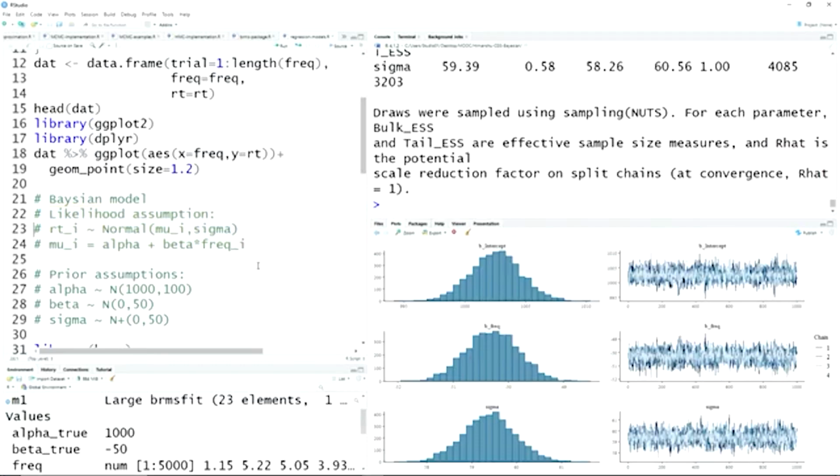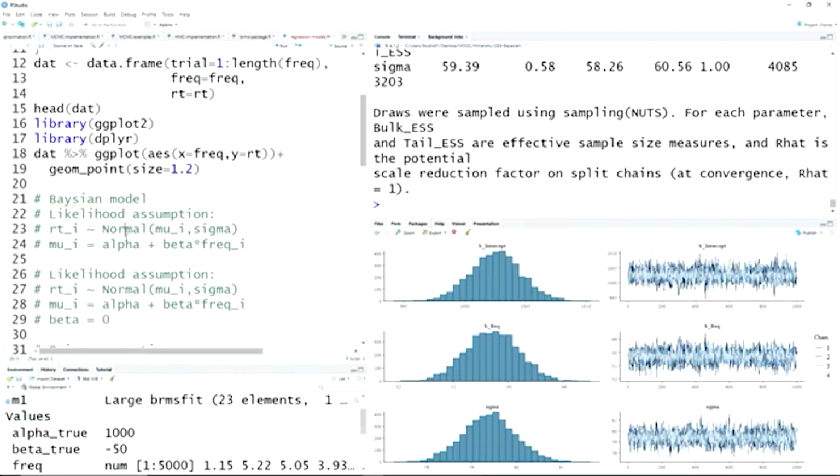You can make that claim about evidence if you compare this existing model against a model of this sort. So let's say mu_i equals alpha plus beta times frequency_i, where beta equals 0.